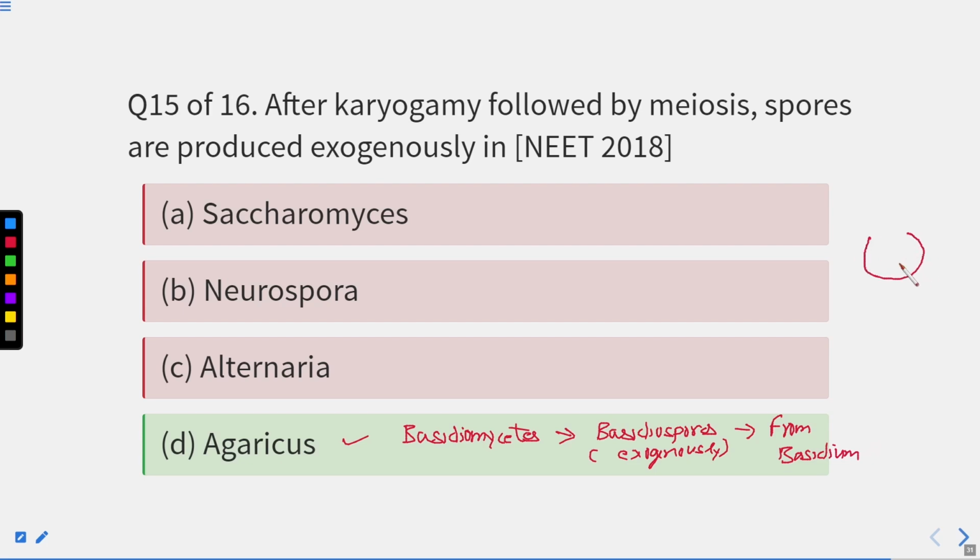If this is the basidium, the spores are produced like these. Spores are produced here exogenously. Four spores are produced. So these are basidiospores.